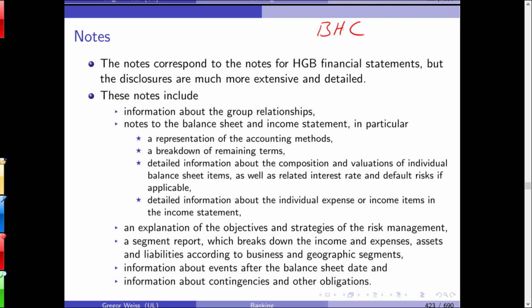Then there is an explanation of the objectives and strategies of the risk management function of the bank. This is the risk report that is also mandatory under German law, but this is part of the IFRS financial statement.